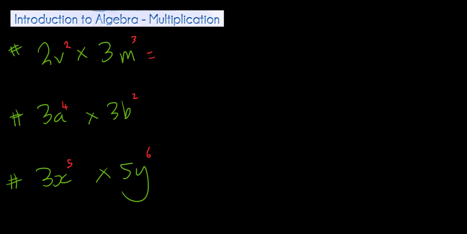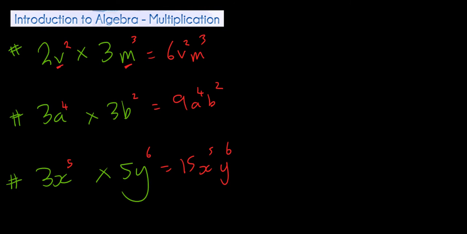Okay, now we can do 2 times 3 is 6, and we've got v squared m cubed. They don't change. 3 times 3 is 9, we've got a to the 4 b squared. We've got 3 times 5 is 15, x to the 5, y to the 6. They don't change because they're not like terms, they're different. Let's show some examples where they do change.